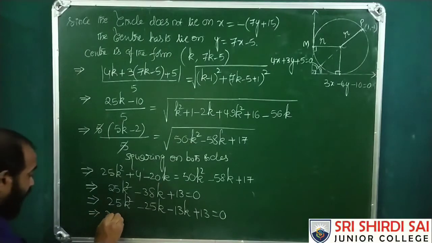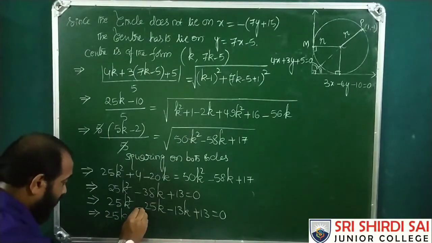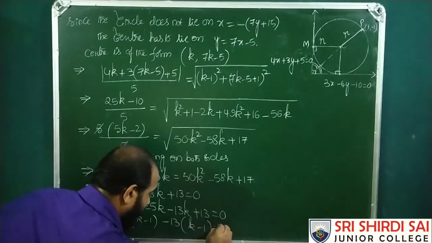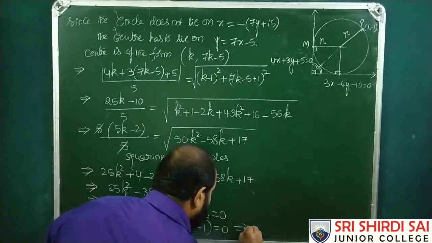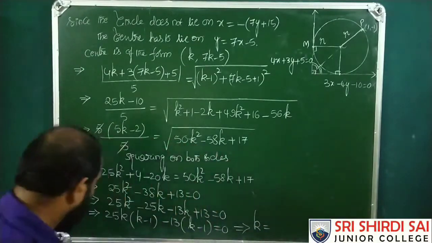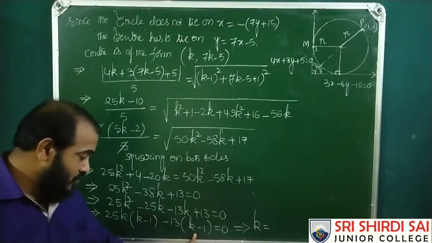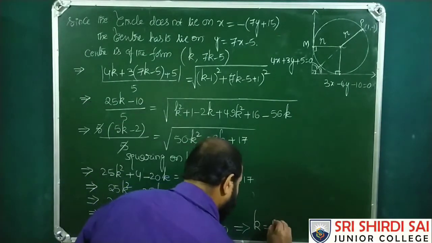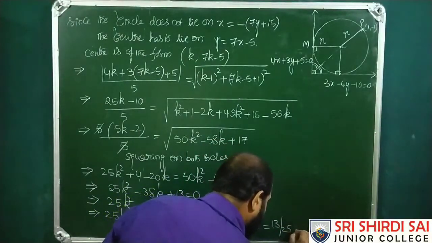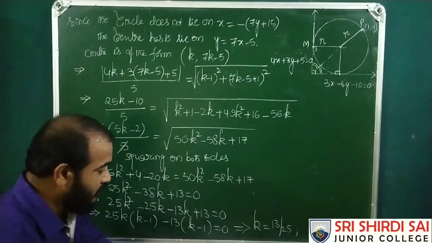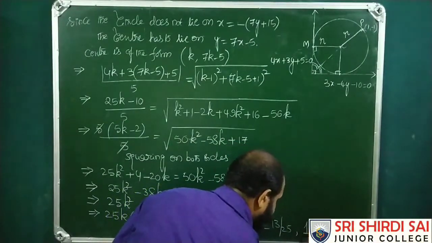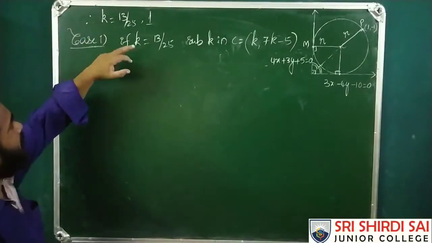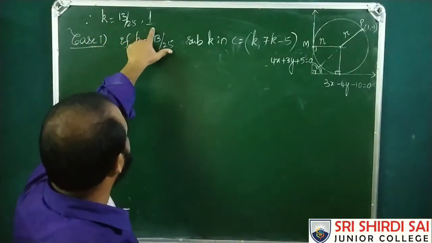If I take 25k as common, then k minus 1, minus 13 if you take common, k minus 1 equals 0. This implies 25k minus 13 equals 0, so k is equal to how much? 13 by 25, and k minus 1 equals 0, k equals 1. Therefore, two possibilities arise: k equals 13 by 25 and 1.